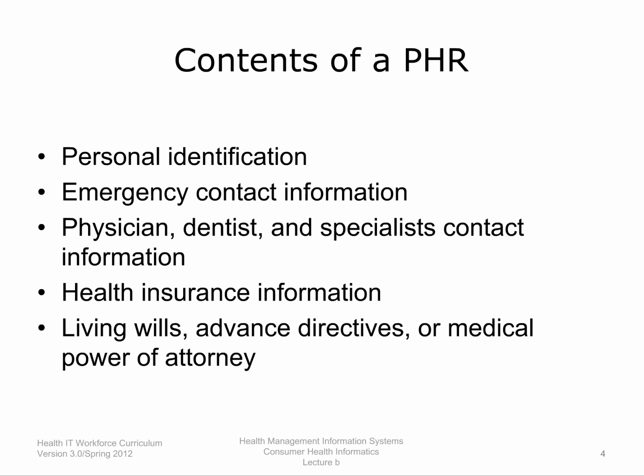According to the American Health Information Management Association, AHIMA, a PHR should include, quote, personal identification, including name and birth date, people to contact in case of emergency, names, addresses, and phone numbers of healthcare providers, for example, primary care physician, dentist, and specialists, health insurance information, living wills, advance directives, or medical power of attorney. End quote. AHIMA, 2012, Glossary P.